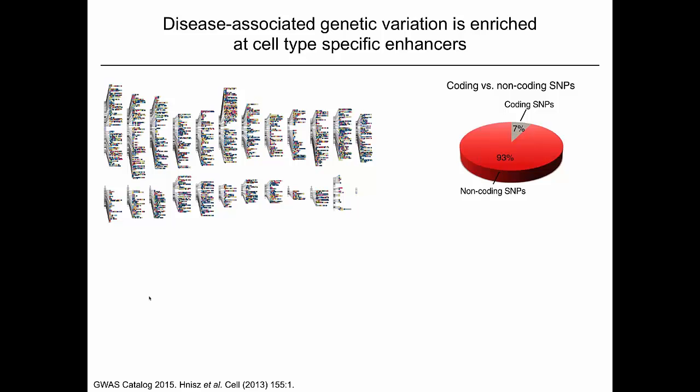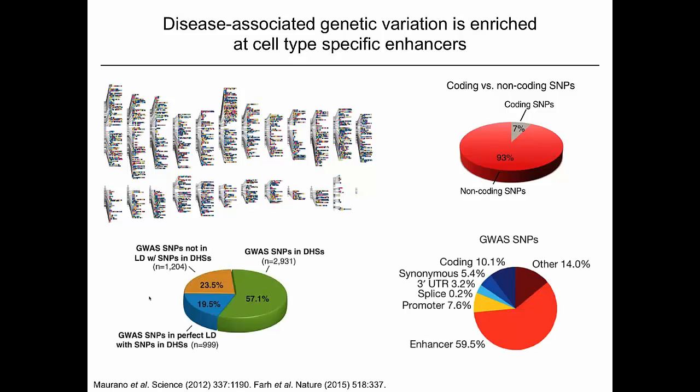But most of these genetic variants actually do not affect protein coding sequences, but rather are distributed in the non-coding genome. And more recently, it's been appreciated that these GWAS SNPs tend to be enriched in putative regulatory DNA. For example, on the bottom left in DNase1 hypersensitive sites, and the bottom right in enhancers. And so this has led to the hypothesis that much genetic variation acts by influencing gene regulation and cis elements.